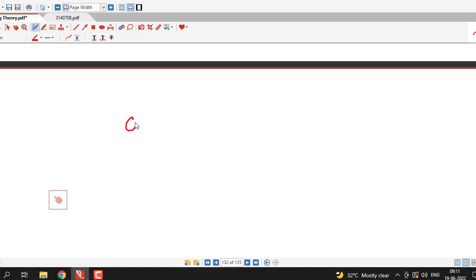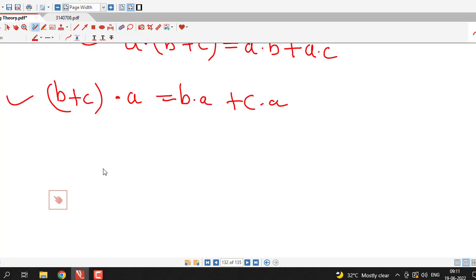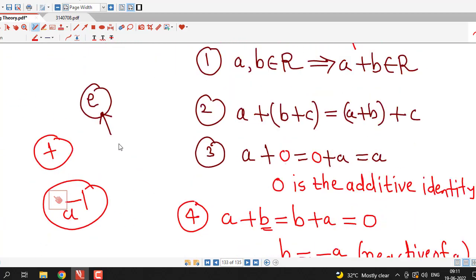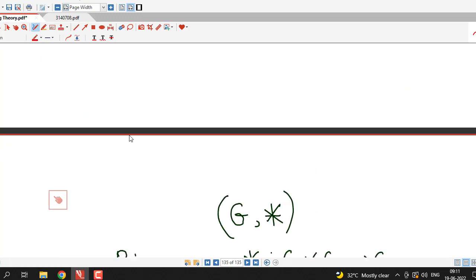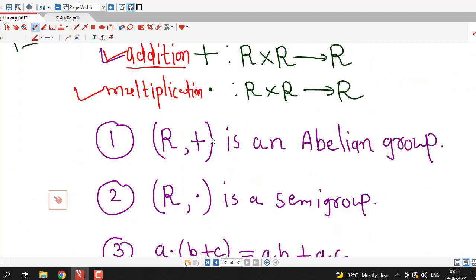And the third requirement is the distributive property, A dot (B plus C) equals A dot B plus A dot C, and then (B plus C) dot A equals B dot A plus C dot A. So we have to check these 2 conditions for the third requirement. If these 3 properties are satisfied, then R will be a ring with respect to this addition and multiplication operation.